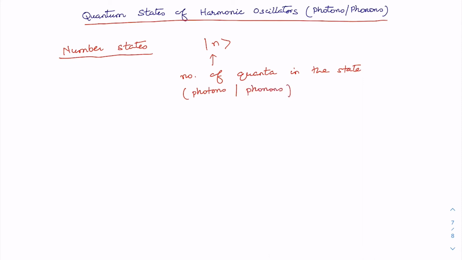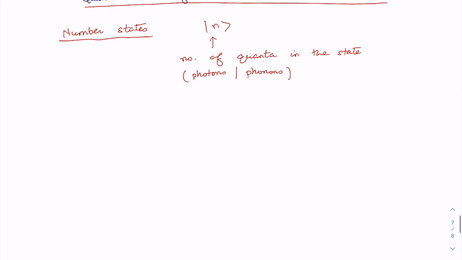Now in that context, we talked about the ground state of the harmonic oscillator, and ground states are also kind of number states. Only thing is that there are no quanta in the state.